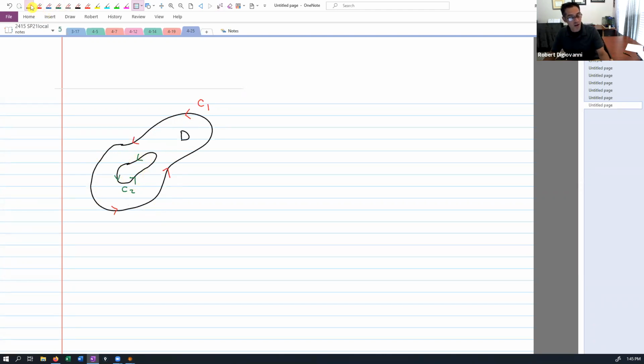I'm going to break our region D into 2 regions. So I'm going to cut it right here and right there. Okay, so I've cut it into 2 regions. We have a region on top, which I'm going to call D1, and a region on the bottom, D2. D1 is everything up here in yellow, and D2 is everything down here in green.